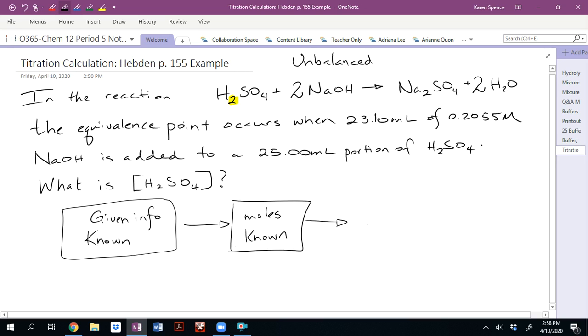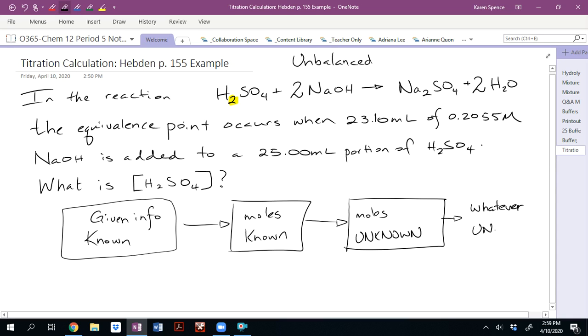You will then convert it into moles of the unknown substance, and then from there you will convert it into whatever you're asked for about the unknown. Okay, titrations are simply stoichiometry problems.